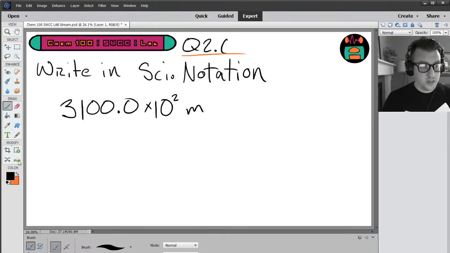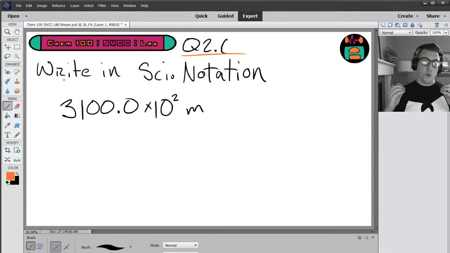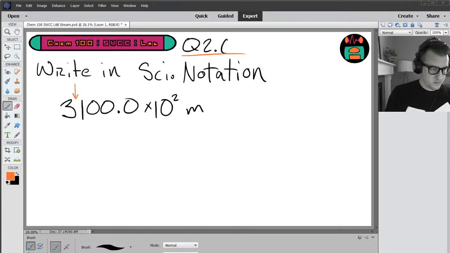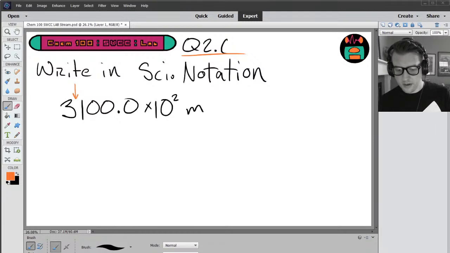Now, with scientific notation, just by way of quick review, you write your number as a power of 10, and you always place the decimal immediately after the first non-zero digit.